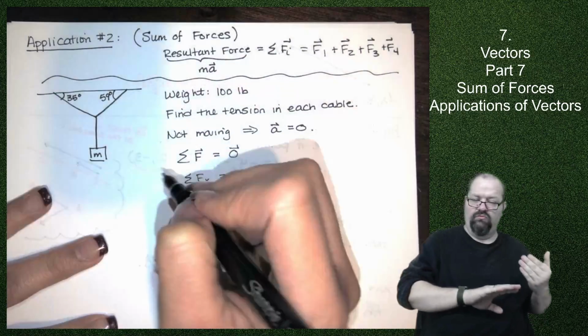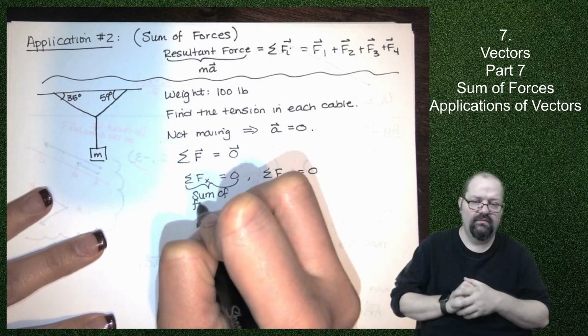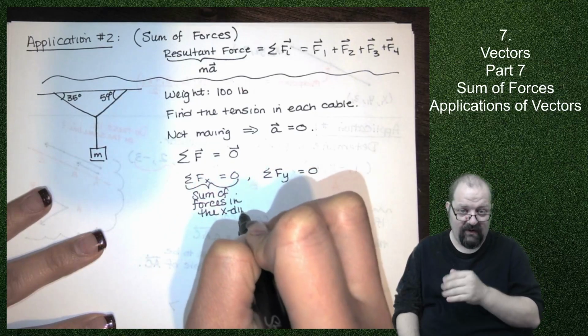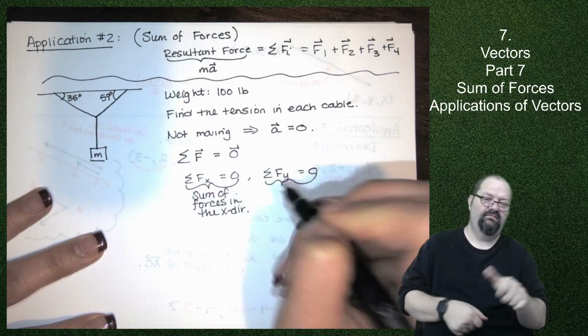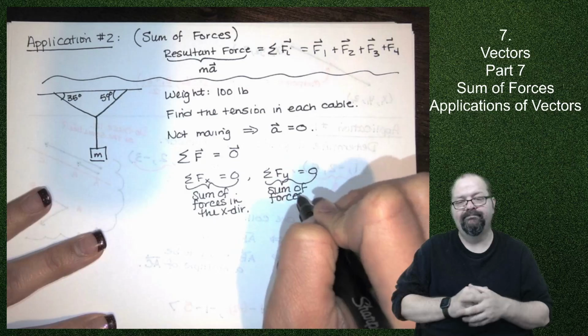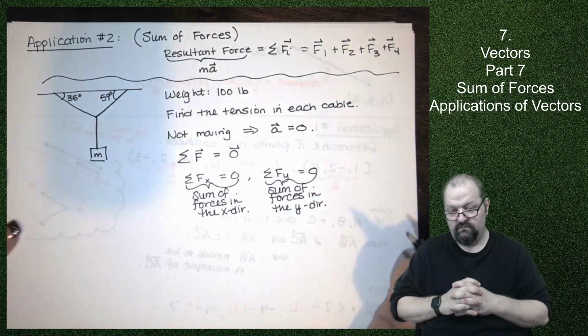So keep that in mind. This is sum of forces in the x direction. And this is sum of forces in the y direction. This is just shorthand. If you've had Physics 1, you've seen this before, no big deal.